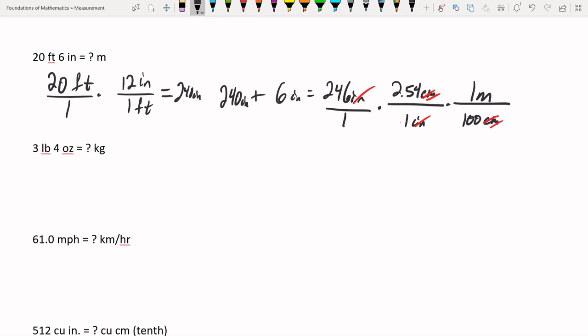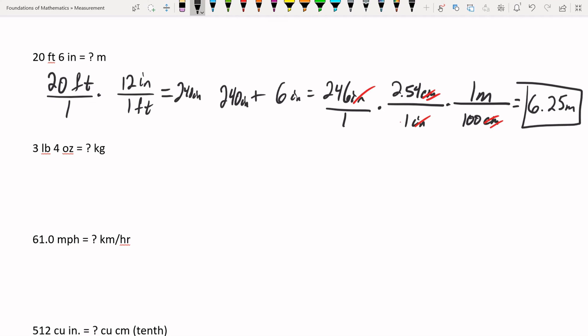So now we just need to multiply it all out. 246 times 2.54 on top divided by 100 on bottom gives us, I'm going to round to 2 decimal places, 6.248, so 6.25 meters.